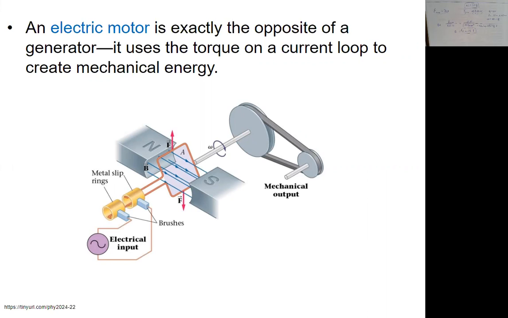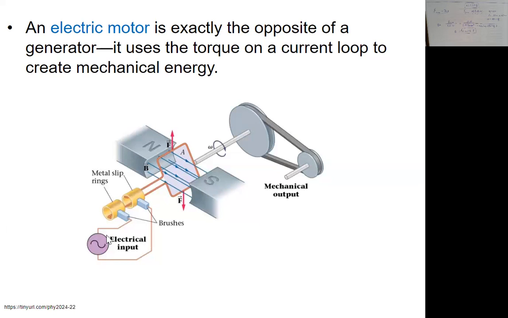Now, we also use electric motors a lot, right? Like the toys, like toy cars. So this is the other way around, the opposite of the electric generator. In this case, you will have a power supply to the coil, and it is placed inside a magnetic field.